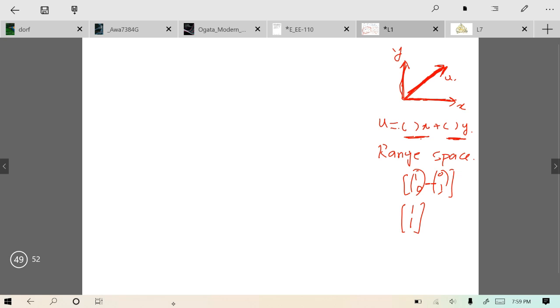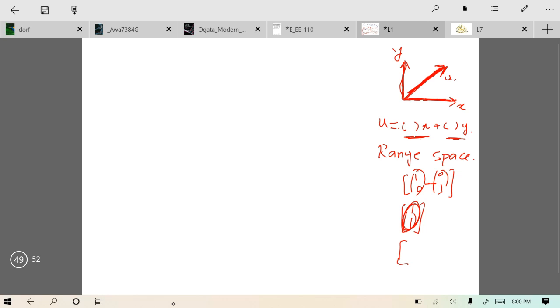So these two vectors are linearly independent, and this third vector is dependent on these two vectors. So these two are the bases, and this is in the range space of these two basis vectors. Similarly, we can make any other vector with the help of these two vectors.